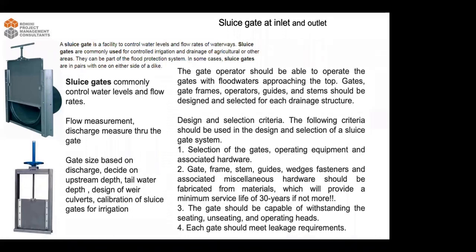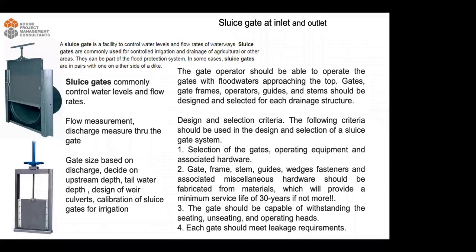Obviously, when you have a gate, you need a gate operator also, right? The gate operator should be able to operate the gates with the flood waters approaching. And all the components of the gates have to be designed properly based on the particular requirement.